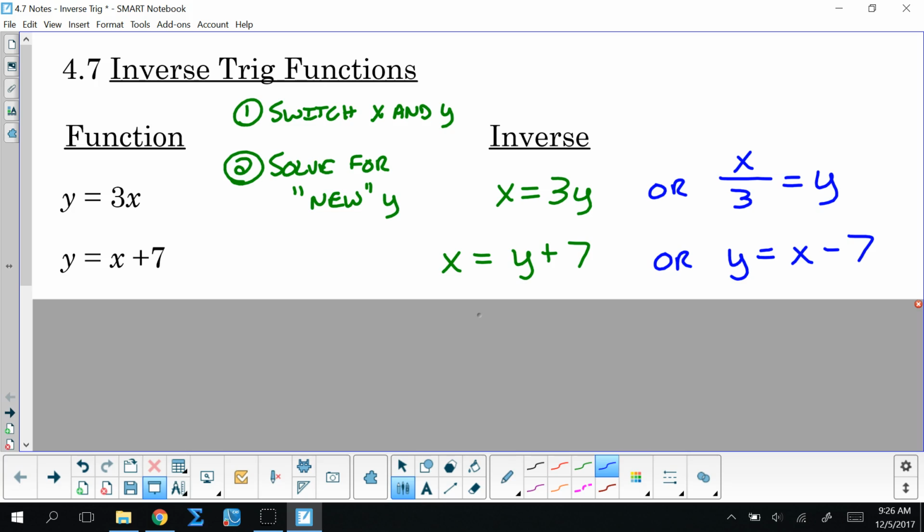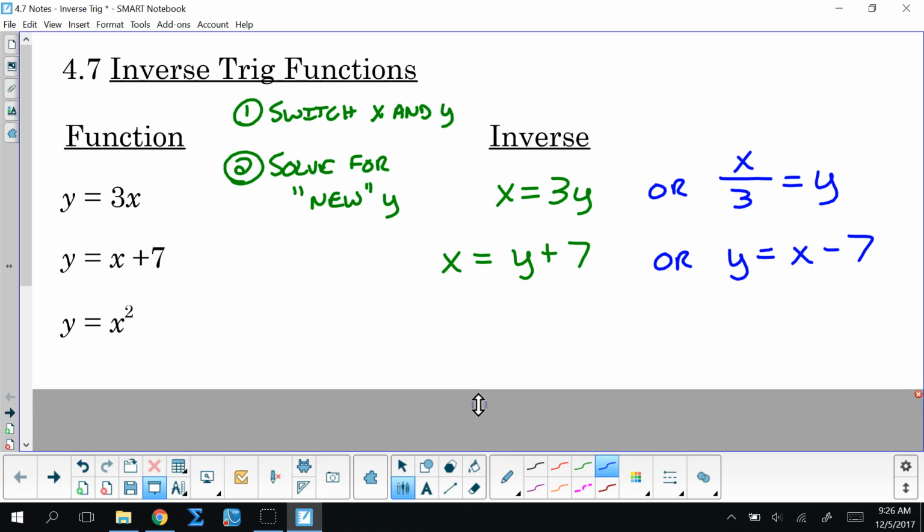Okay. Let's kick it up a notch. Find me the inverse of y equals x squared. What do we got? First step.